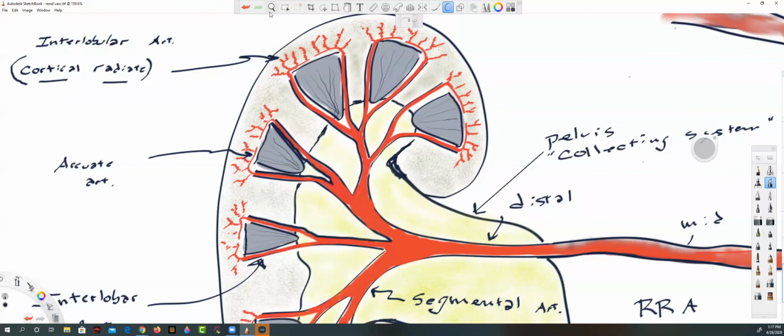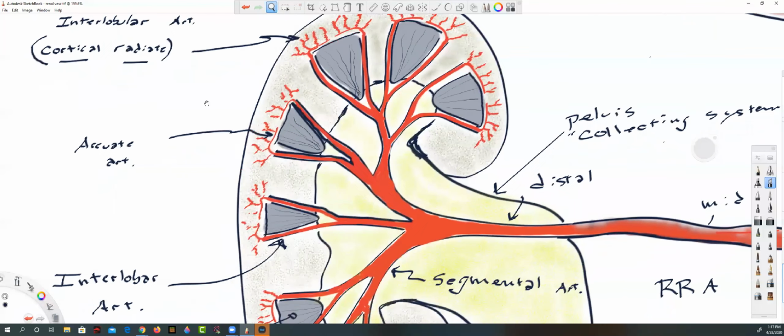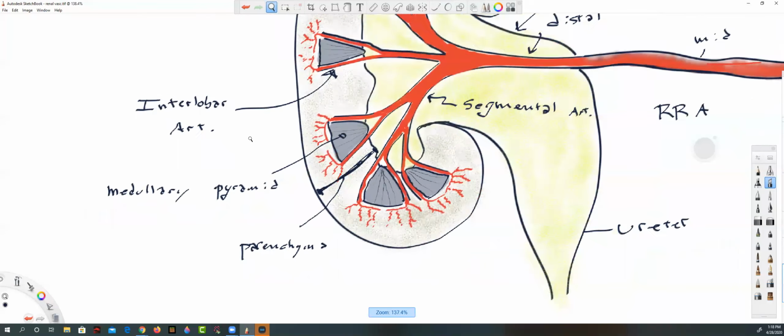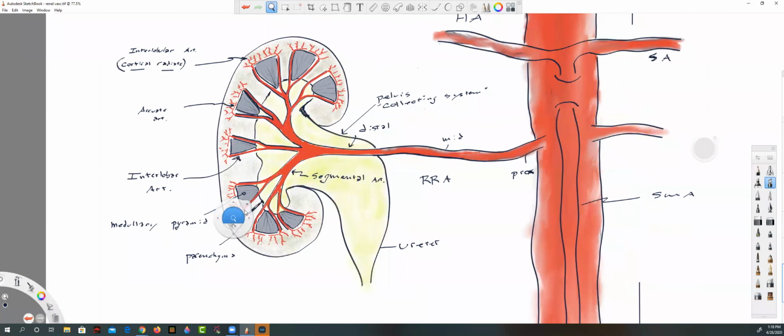Let's add that word just because. Medullary pyramid. Okay. Sometimes people just say the pyramid. Sometimes they say the medulla. Sometimes they say medullary pyramid. I think we should probably use everything and figure that out from there.